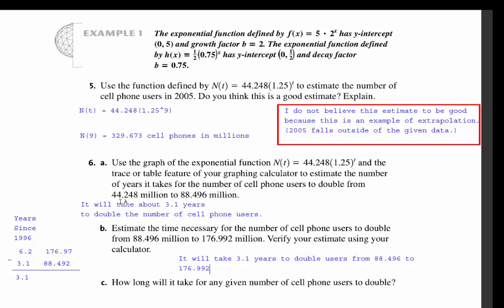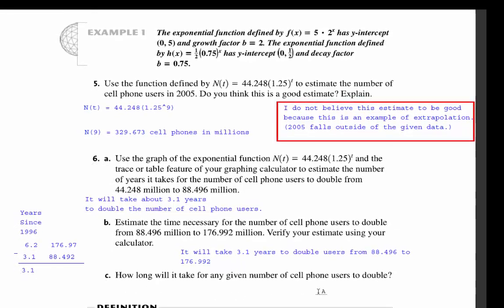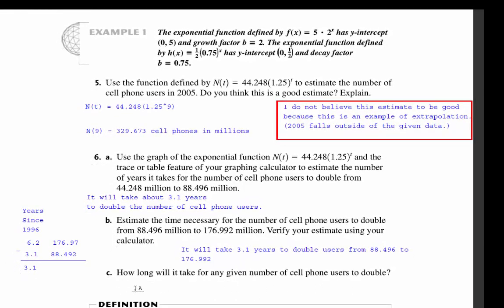From 1996 to 1999 or so, we went from 44 to 88 million users. And then 3.1 years later, we go from 88 to 176. So when it says how long will it take for any given number of cell phone users to double, basically every 3.1 years, the number of users will double.